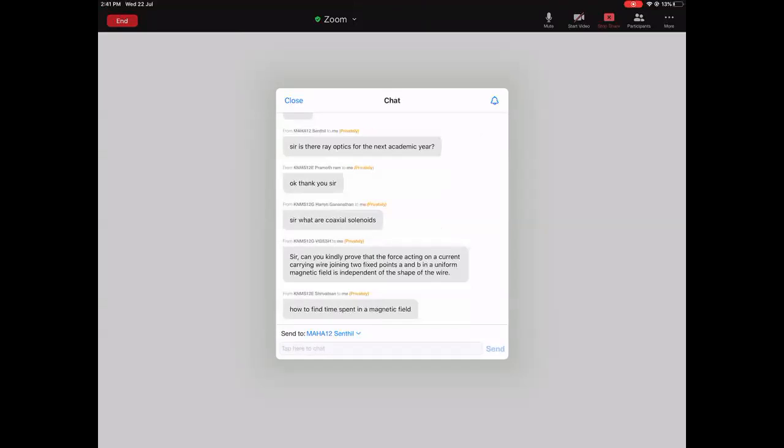Can you prove that the force acting on a current carrying wire joining two fixed points A and B is independent of the shape of the wire? How to find time spent in the magnetic field? Okay, I will answer these three questions.